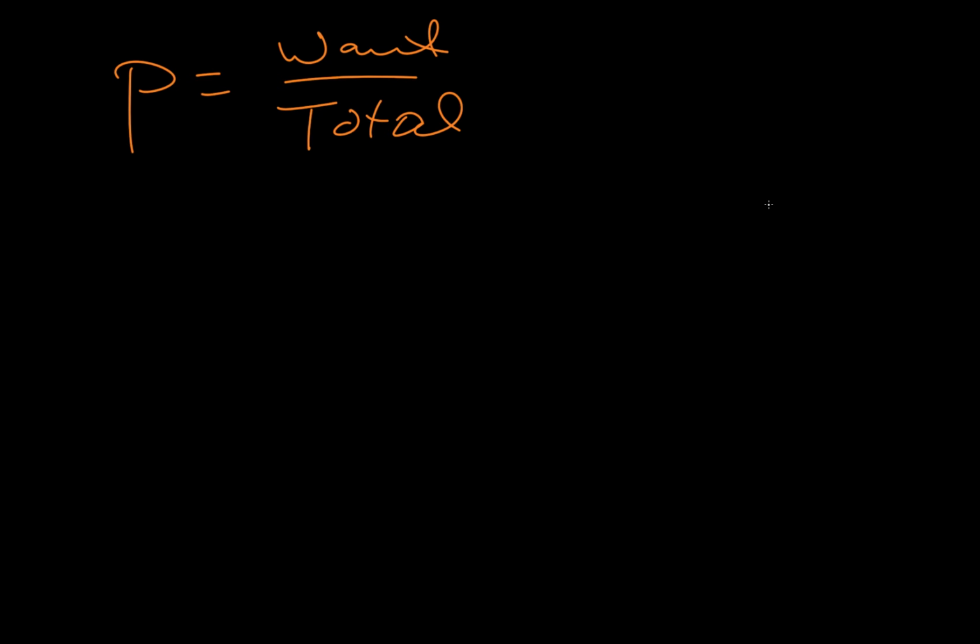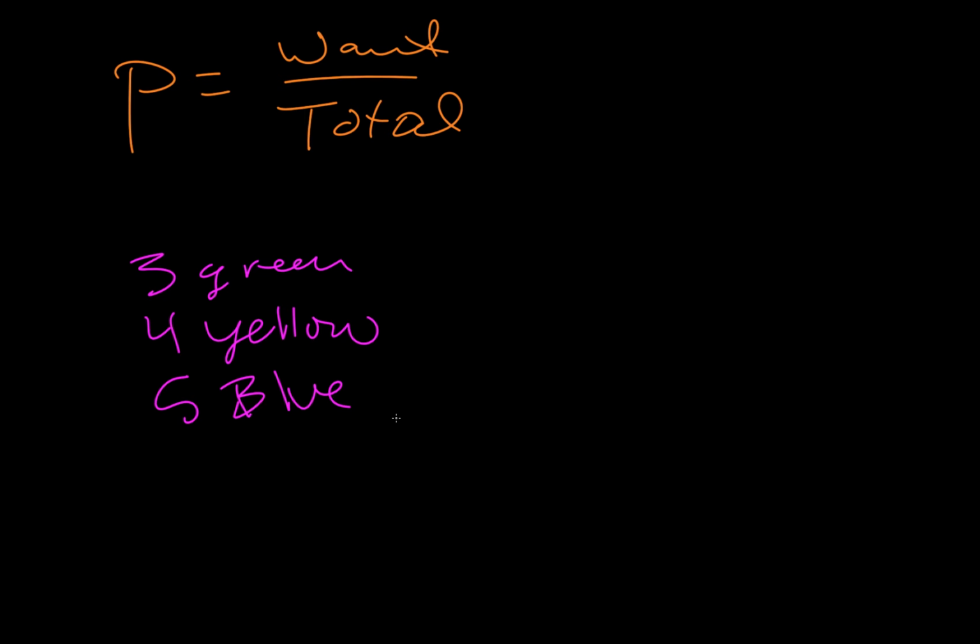So we're going to example 6. It says a ticket is randomly selected from a basket containing 3 green, 4 yellow, and 5 blue tickets, and determine the probability of getting a green ticket.